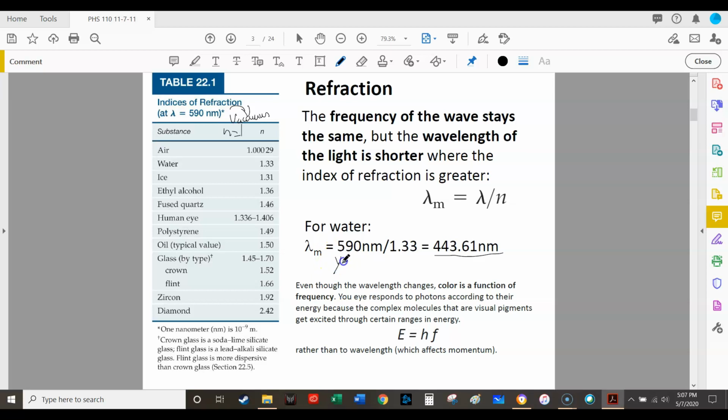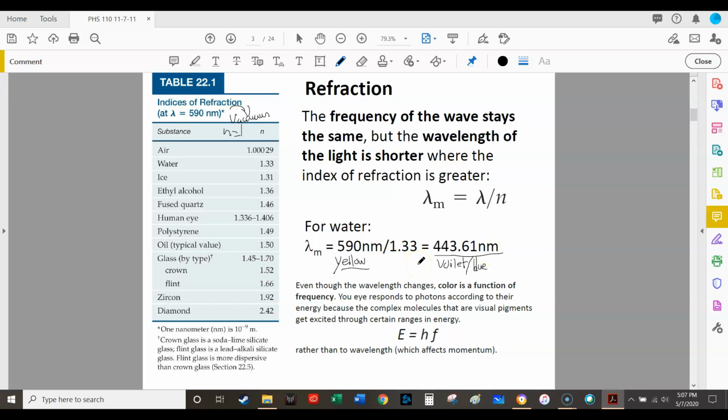So this is a yellow-ish wavelength, right? In a vacuum, this would be yellow, right? But when it hits water, it's kind of violet, almost bluish kind of color, right?